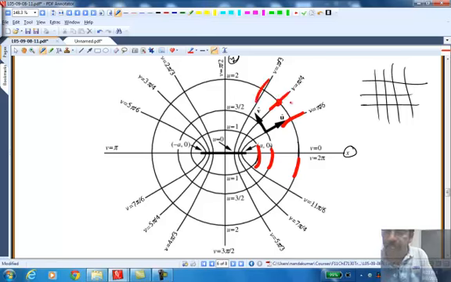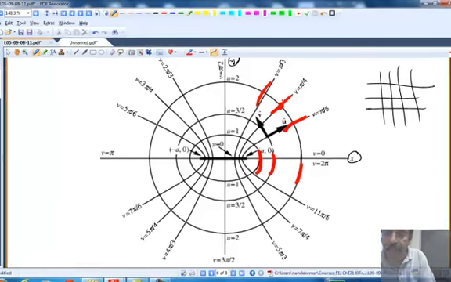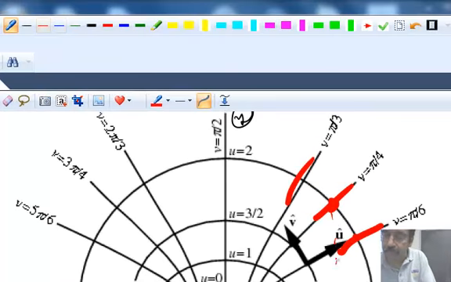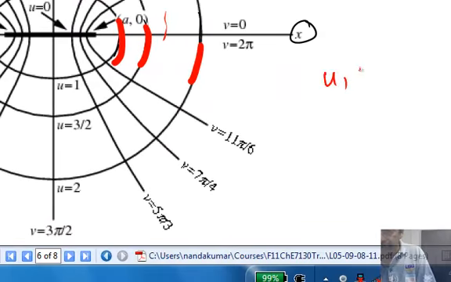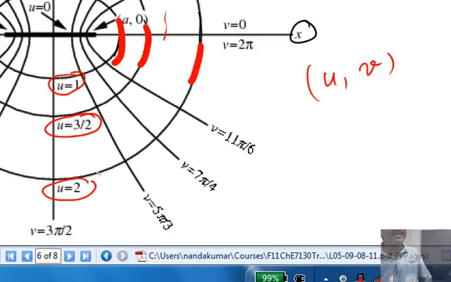So that point P I can give you either in terms of x1, x2, or in terms of the coordinates that are on that curve. So here, for example, instead of q1, q2, he uses u and v as the two coordinates. So u equal to 1, u equal to 3 over 2, u equal to 2. That represents a coordinate curve.